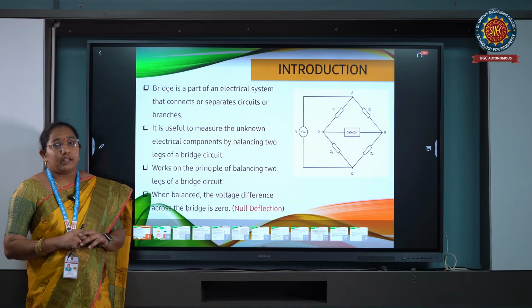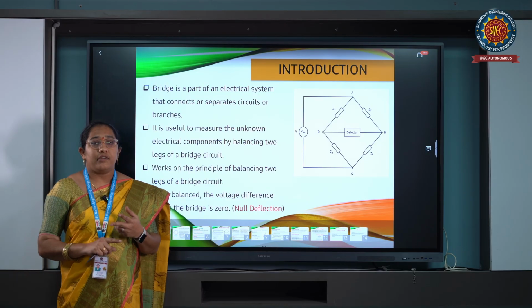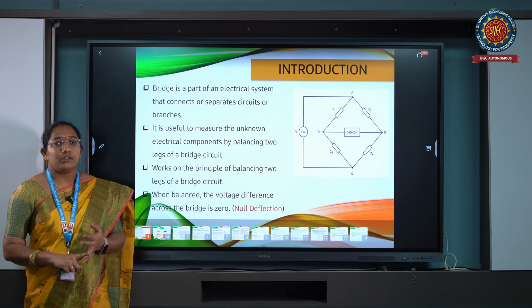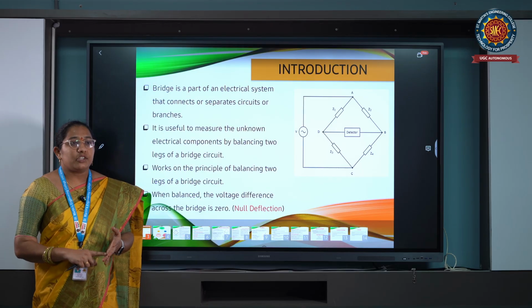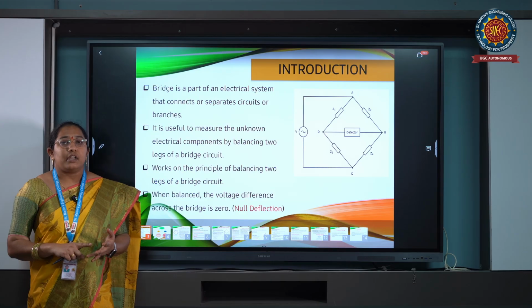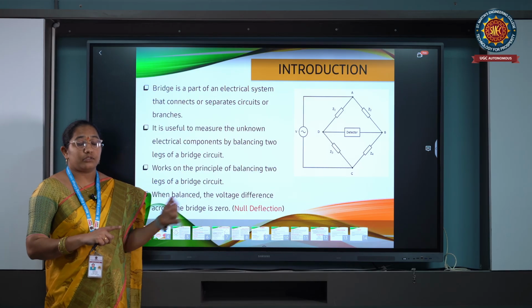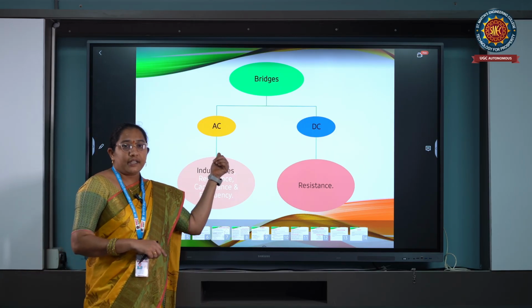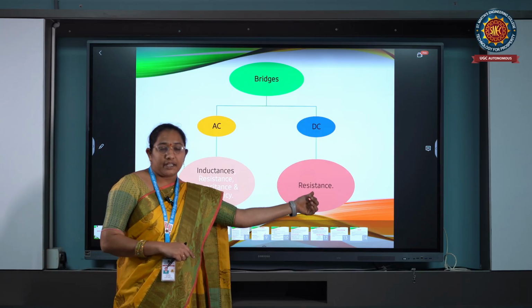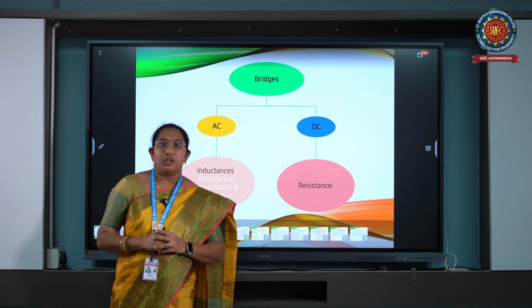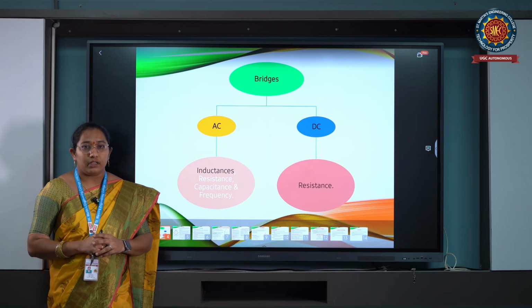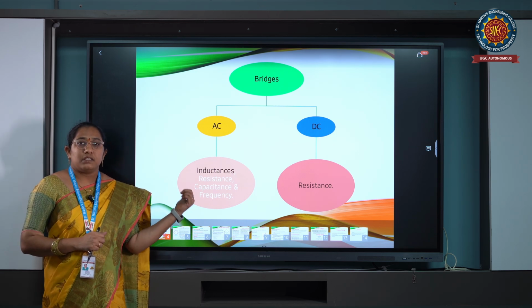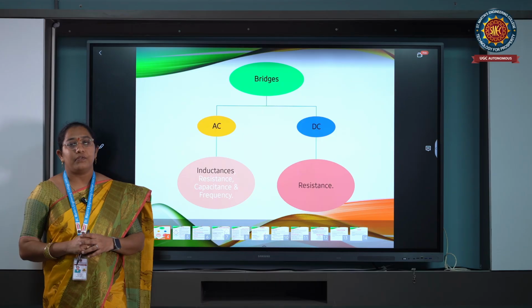Based on the electrical supply, we have two types of supplies: one is alternating current and another one is direct current. Based on these two types of supplies, we have two types of bridges: alternating current bridges and direct current bridges. Direct current bridges are used to measure resistance only, and alternating current bridges are used to measure resistance, inductance, capacitance and also frequency.